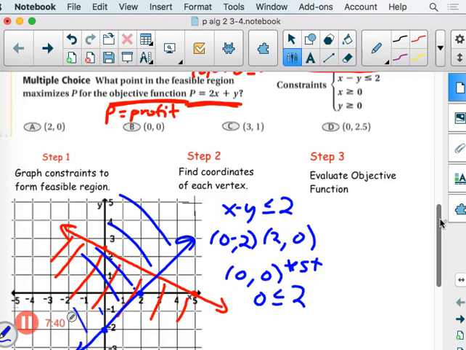Now I look at the last two constraints. And I'm going to switch colors. Okay, all that's doing is telling me to stay in quadrant 1. It's saying I have to stay where x is positive and y is positive, which makes sense with businesses because if you're talking about a product, x and y, it's always going to be positive.